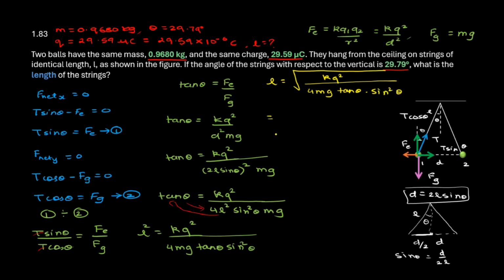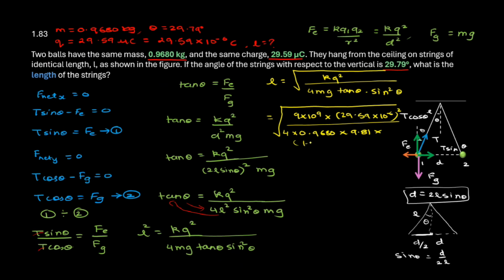Now substitute the values, you get square root, k is 9 times 10 to the power 9, q is 29.59 into 10 to the power negative 6 squared over 4 times the mass, which is 0.9680, g is 9.81, times tan of the angle 29.79, into sine of the angle 29.79 squared.